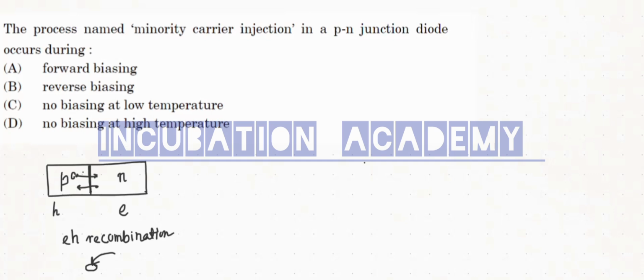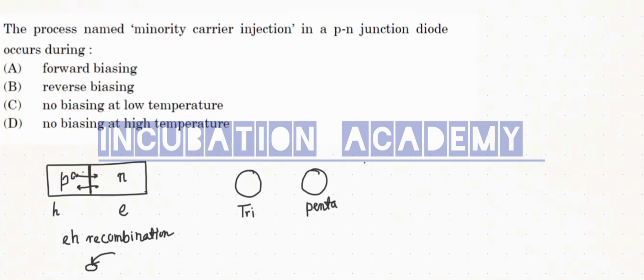Think, this is a trivalent atom. It has a deficiency of electrons when it is placed in the lattice space on the P side, on the left side, and this is a pentavalent impurity atom which is fused in the N side to make an N-type semiconductor.